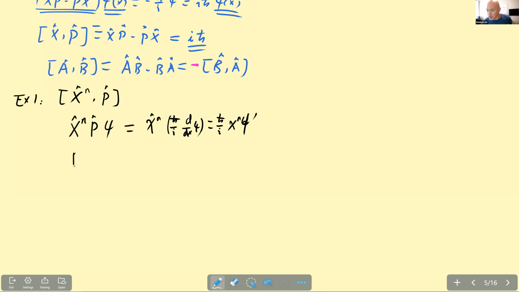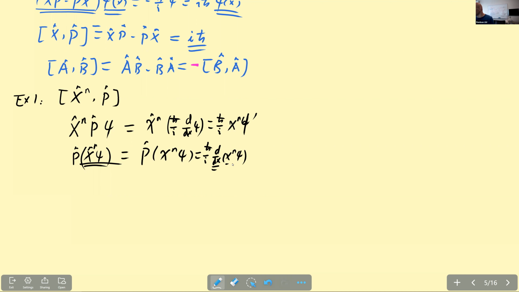And then if you do the other order, you should act x on psi n times first. So that is h bar over i, d over dx of x to the nth power and psi. Now this differential can act on this one first, and then on this one. You do differentiation by parts.